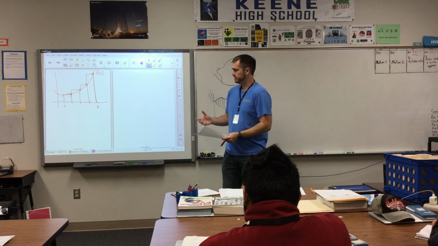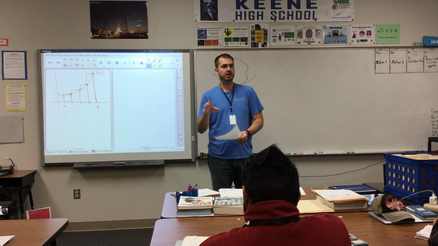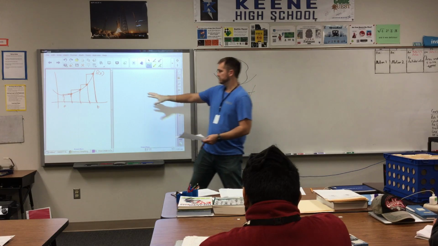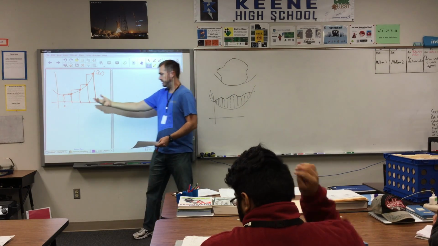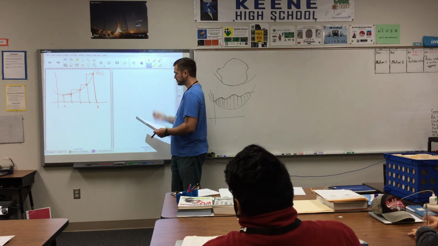What we're going to try to do right now is come up with a complete generic formula that would work for any function, for any number of rectangles, and so on and so forth.